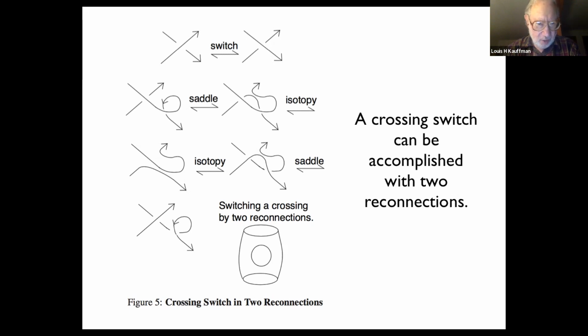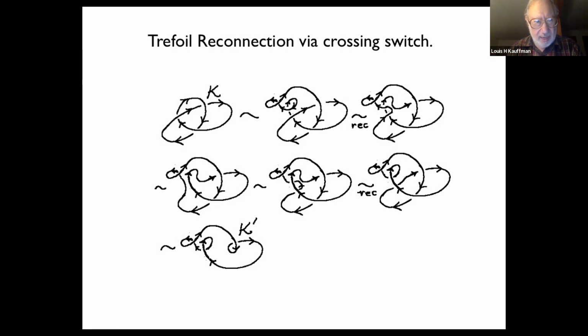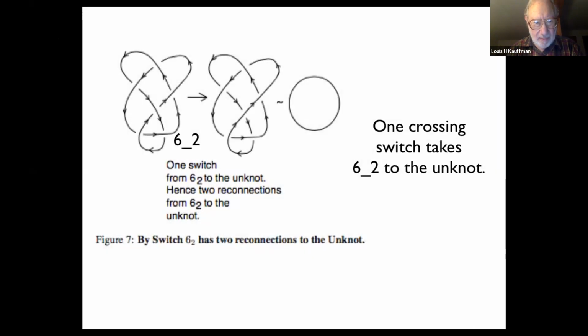I think we have to go back and do more experiments to see if that kind of thing ever occurs. But it seemed unlikely, and that meant that while it was the case that 6-2 could be done in only 2 reconnections, that is by 1 crossing switch, it didn't happen that way.